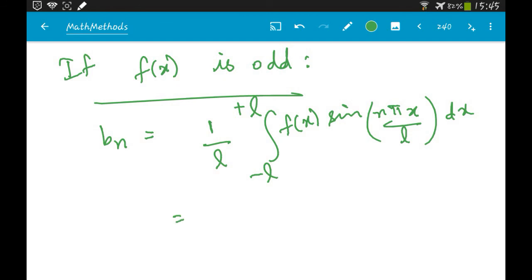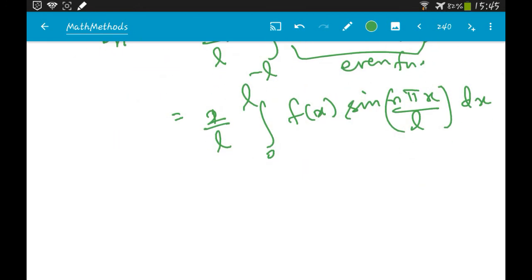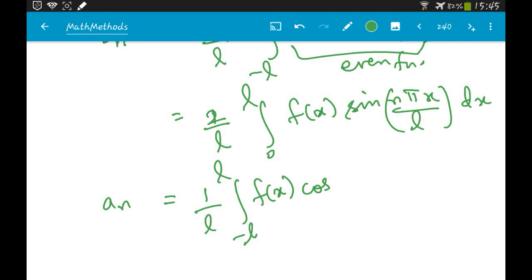And if f of x is odd, because this becomes an even function, you can write 2 by L, integral from 0 to L of f of x sine nπx by L dx, and an will similarly be 1 by L, integral from minus L to L of f of x cos nπx by L dx.